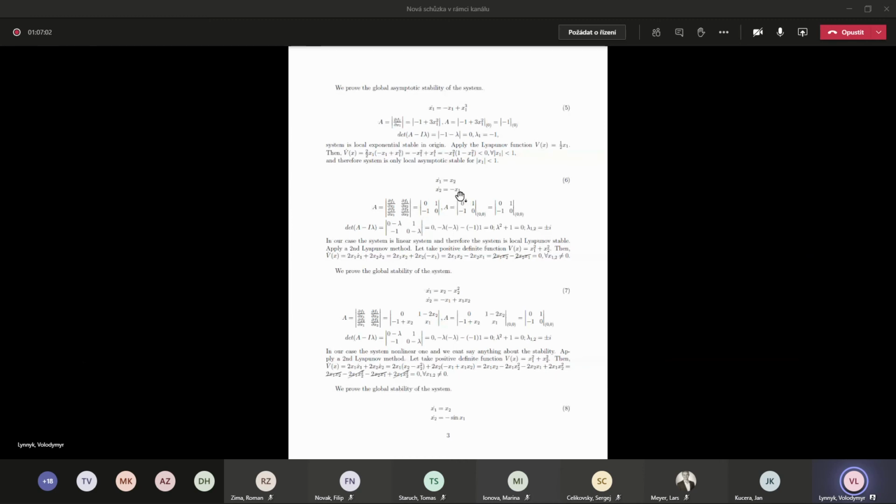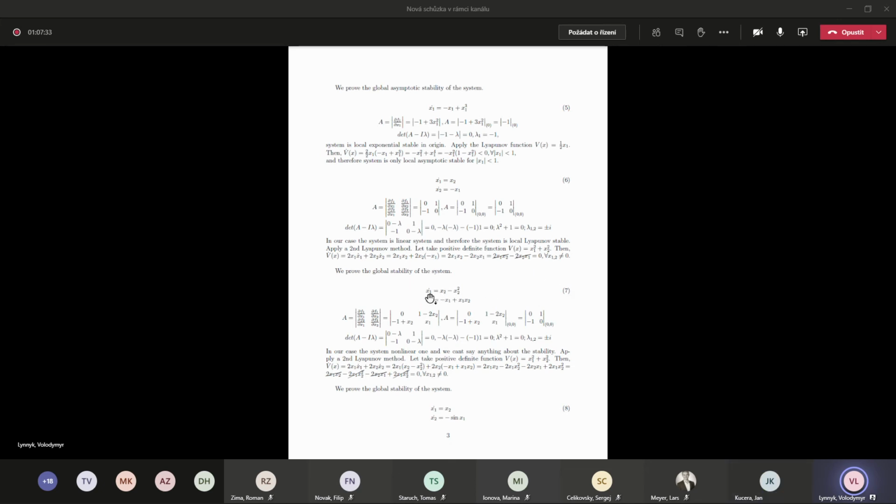And this is global Lyapunov stable, or global stable without Lyapunov. When lambda 1, lambda 2 equal to complex value without real part, then this system is stable. Not Lyapunov stable, but only stable.